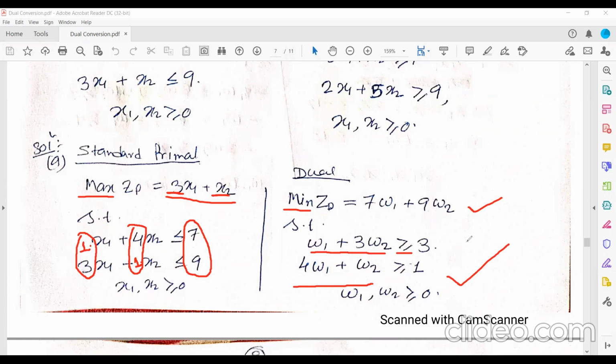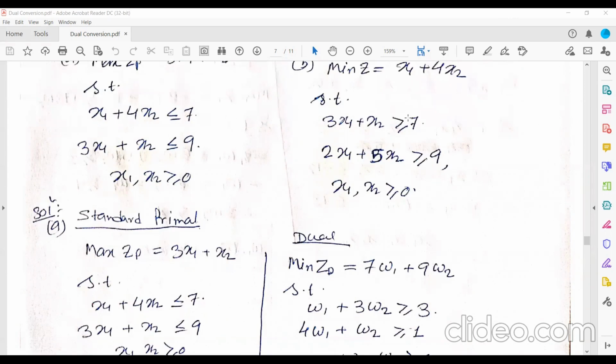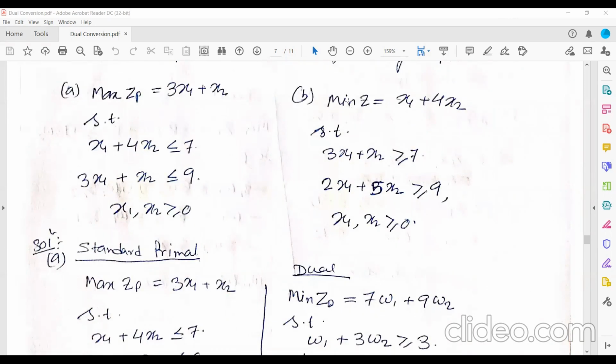Is that clear? Now next, if you consider the other problem, here it is a minimization problem. So let us check whether it is in standard primal form or not. This is obviously in standard form. Since the problem is minimization, all the constraints should be greater than or equal to.